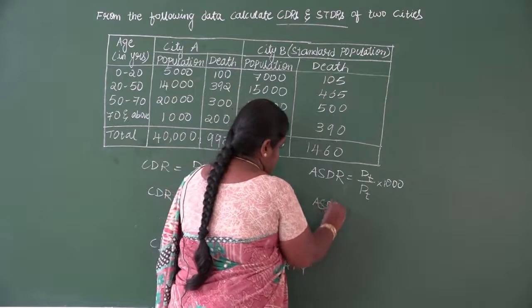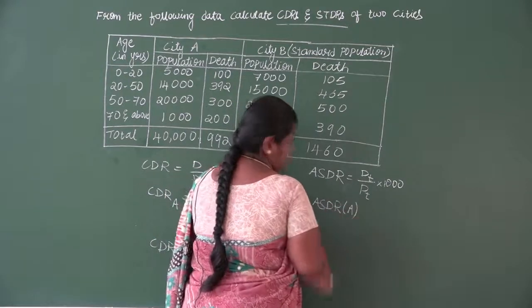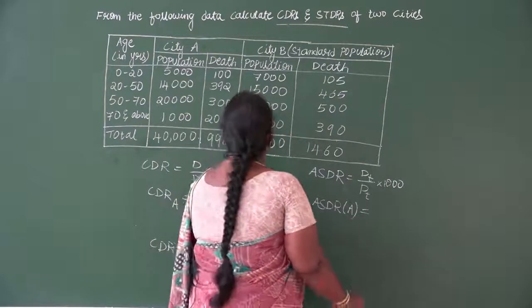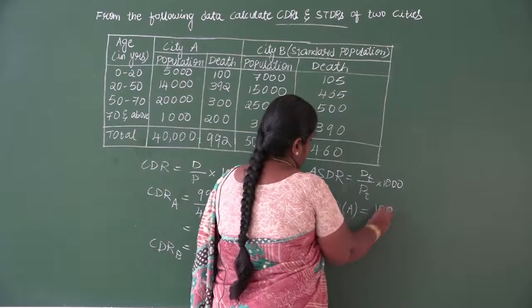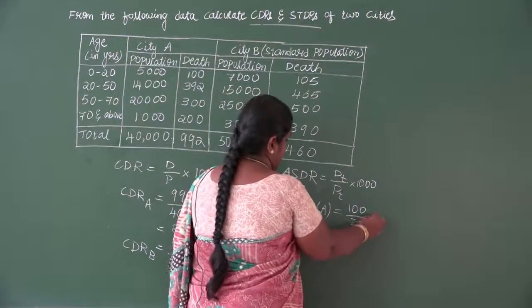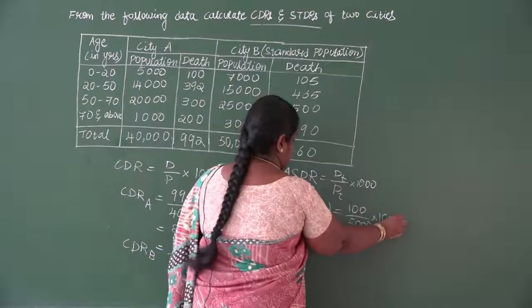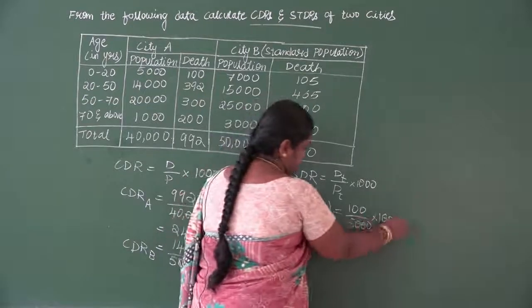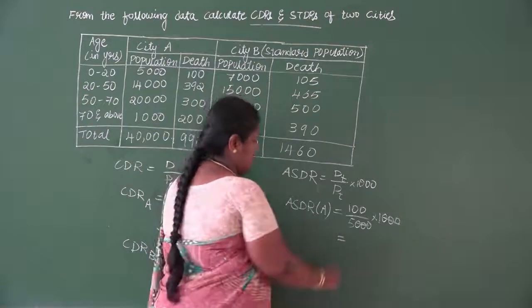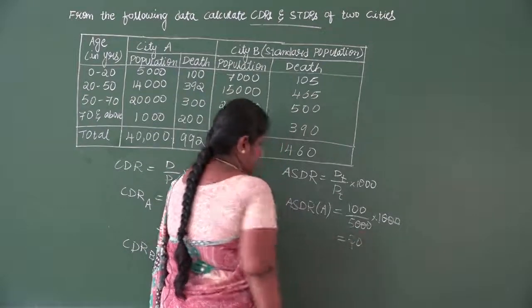We'll be doing ASDR only for the age population of city A. So ASDR for city A is 100 divided by 5000. This is regarding the first age group, that is 0 to 20. So you can cancel the thousands. We'll be remaining with 100 divided by 5, which is 20.